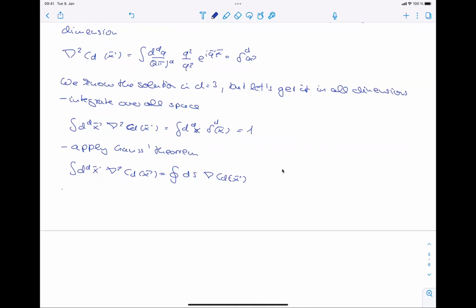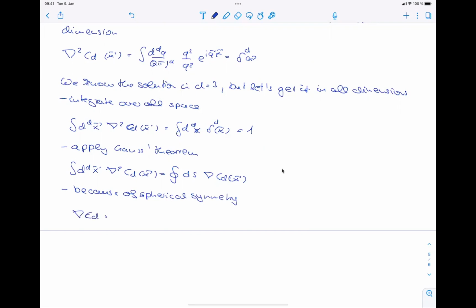And because of the spherical symmetry of the system, we know that this divergence can only depend on r, because of the spherical symmetry.